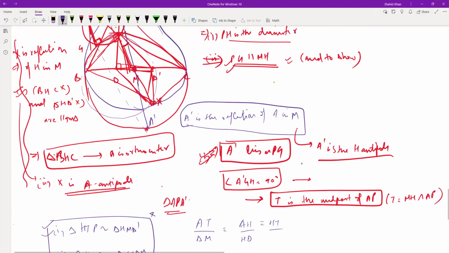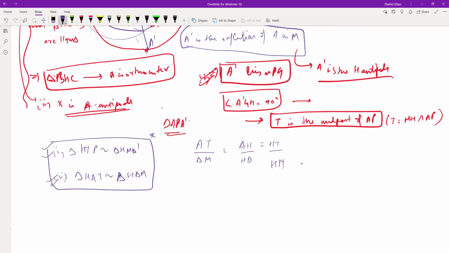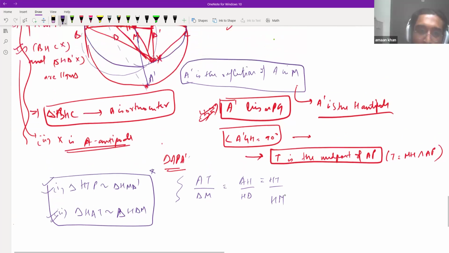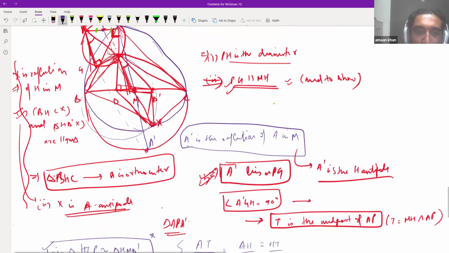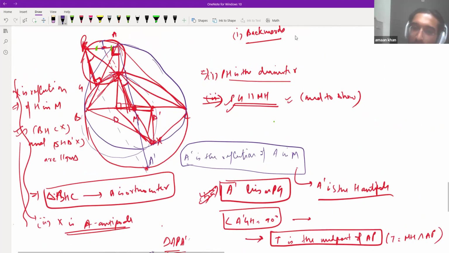I got it. Do I need to do this? I can do this. Just DM and D dash M are equal, so PT and TA are equal, right? Yes, because these two triangles are similar.